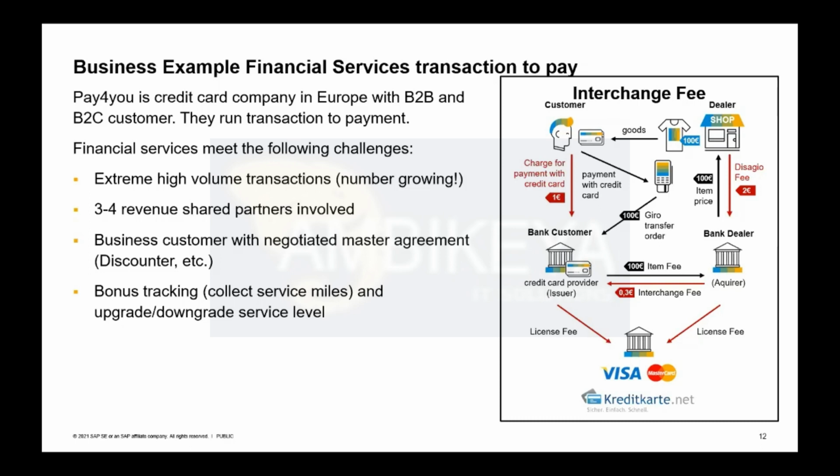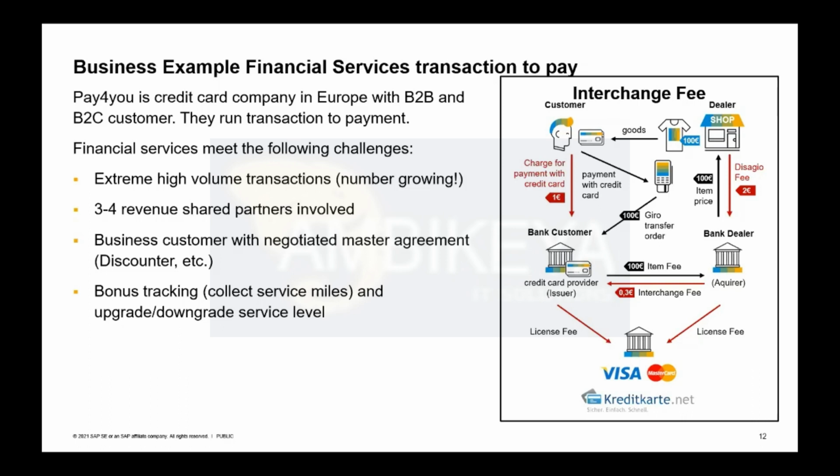For example, you want to collect service miles and upgrade and downgrade service levels. You have also sometimes insurances included. So this is also some kind of bundle. I've just brought up a picture here which shows the interchange fees that we have between a customer and a dealer.